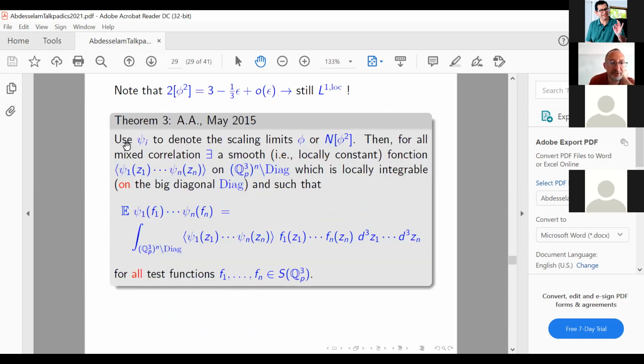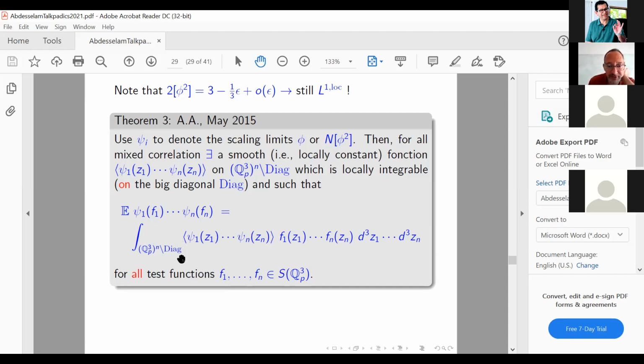So psi here is just a symbol for either phi or the square of phi. And so if you look at an arbitrary mixed correlation like this, it is given as a distribution. So if you integrate with test functions f1, ..., fn, it is given by integrating an honest function of the points on the complement of the diagonal.